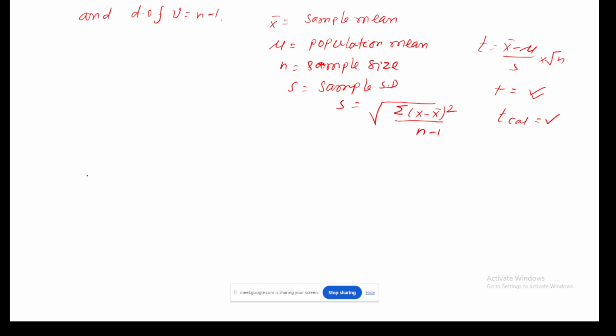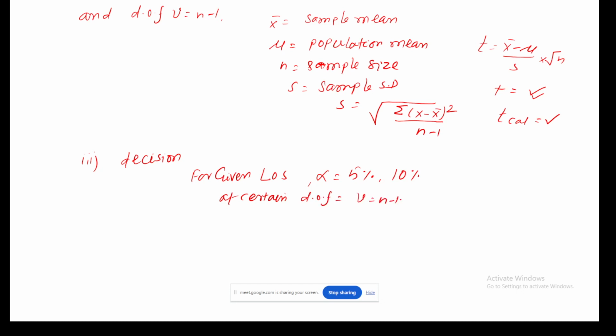Then after, the third step will be the decision. For a given level of significance, maybe alpha is equal to 5%, 10%, at a certain degree of freedom, that is n minus 1, we have to check with the table.